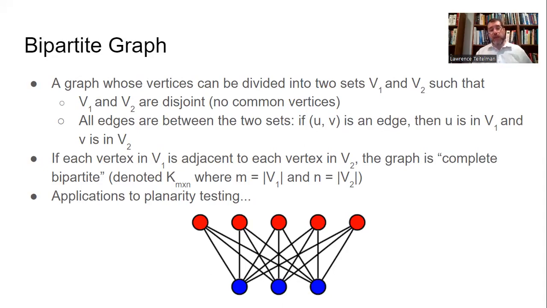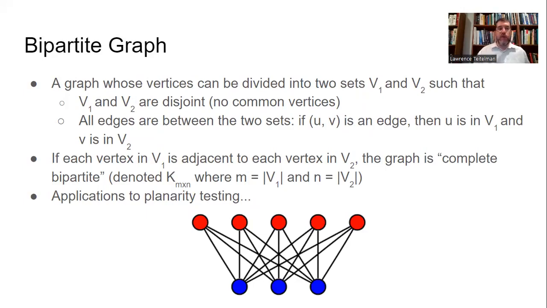Take a look at this picture here. Does anyone see any edges between red and red? No. Does anyone see any edges between blue and blue? No. All the edges are between reds and blues. So we call that bipartite.